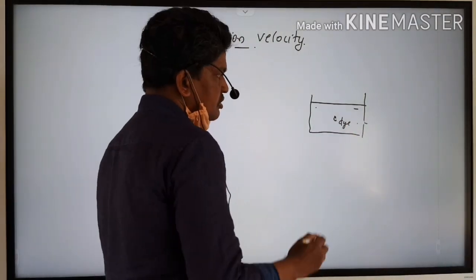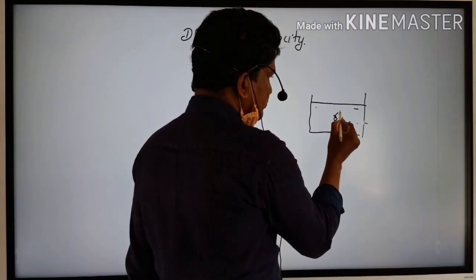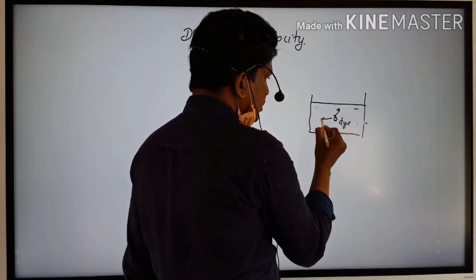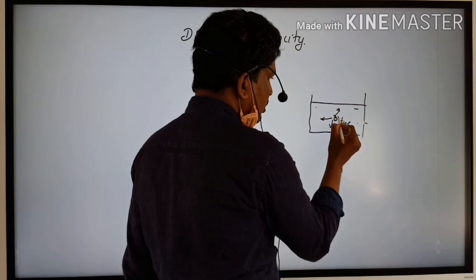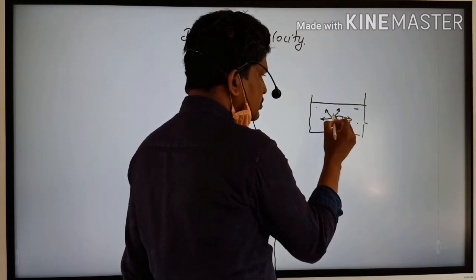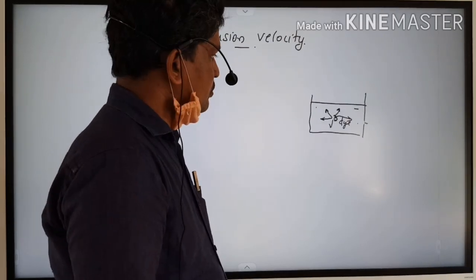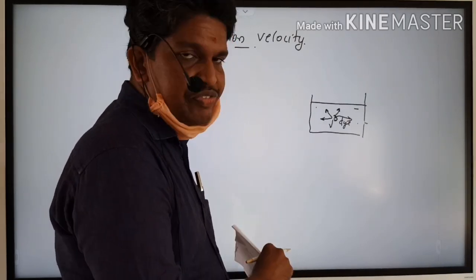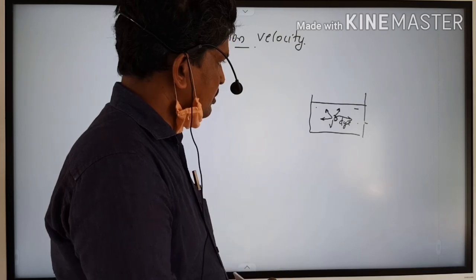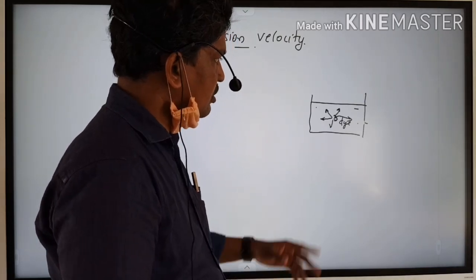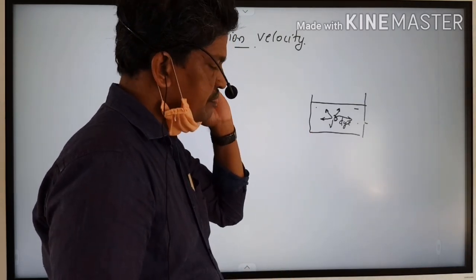Then what happens? The dye will diffuse in the water, and it moves in the radial direction. So the velocity of this dye is known as the diffusion velocity. Here the water is stationary.